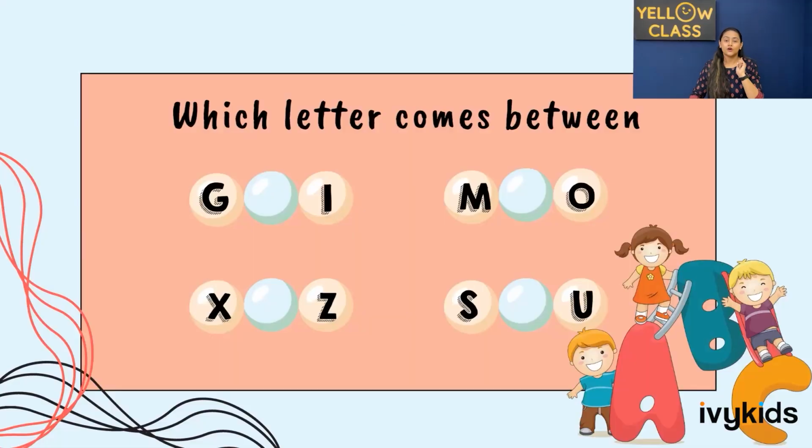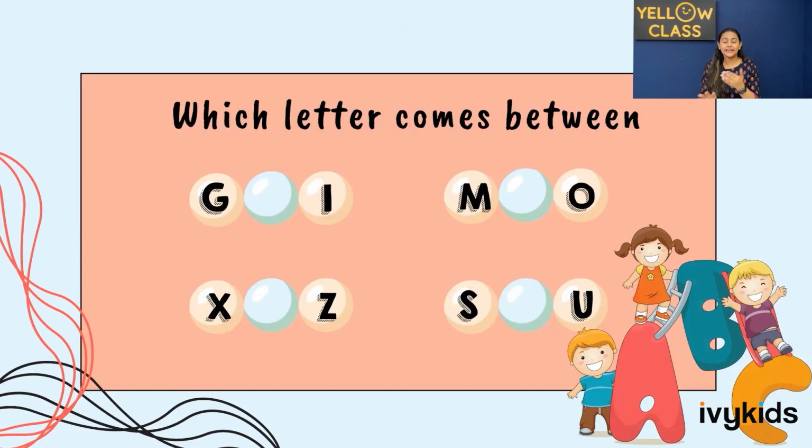You know how we say A, B, C, D, the correct order of the English alphabet. Now you have to answer these questions. There is a blank in between. So let's take a simple example. What comes between A and C? That's letter B. Yes, very nice. I hope you have answered all these questions.